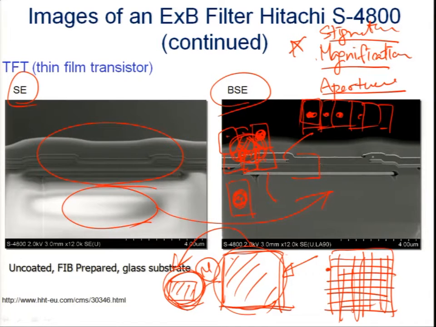Another thing is the configuration of the column, where we have lenses and apertures.